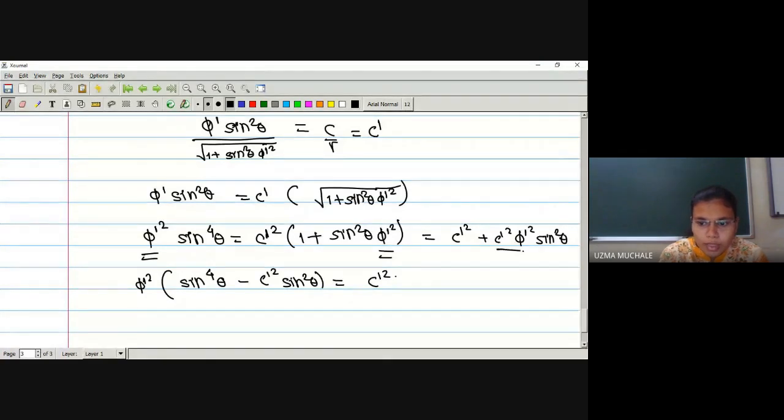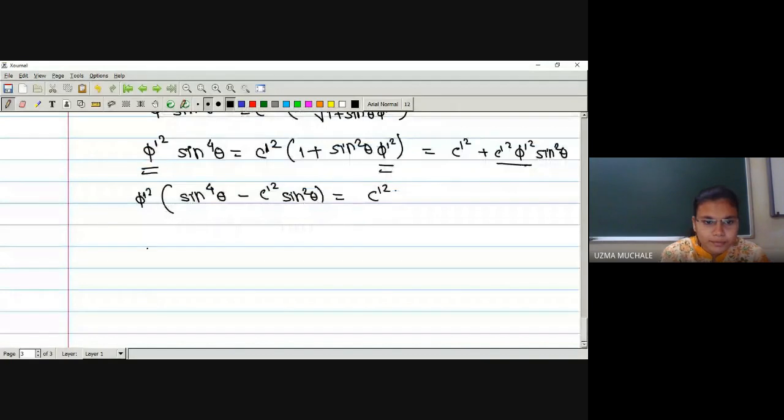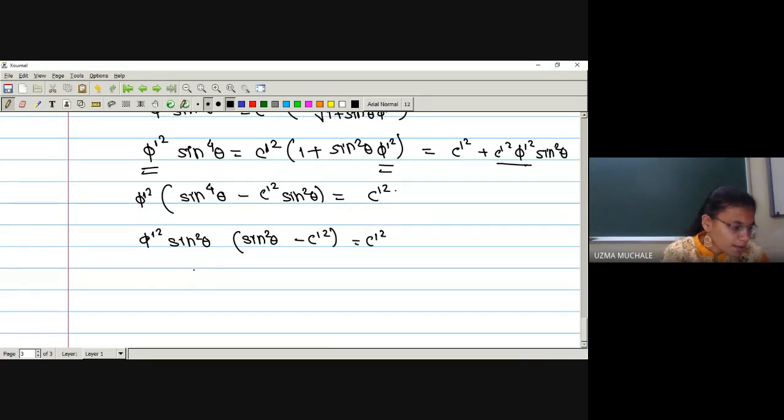We take phi dash square common from this and this. Now we can take one more term common, which is sine square theta. If I take sine square theta common, we remain with sine square theta minus c dash square, which equals some constant c dash square. Okay.